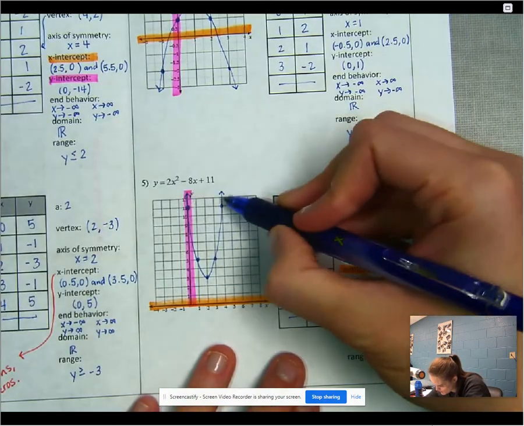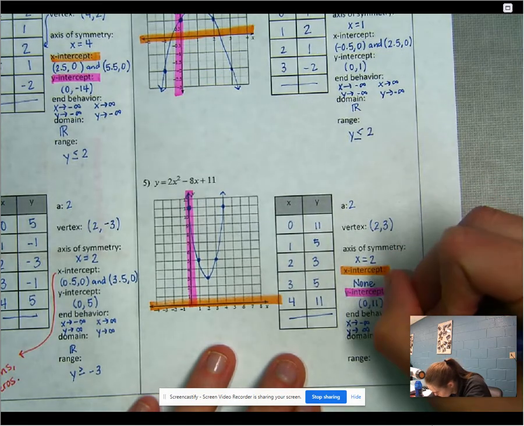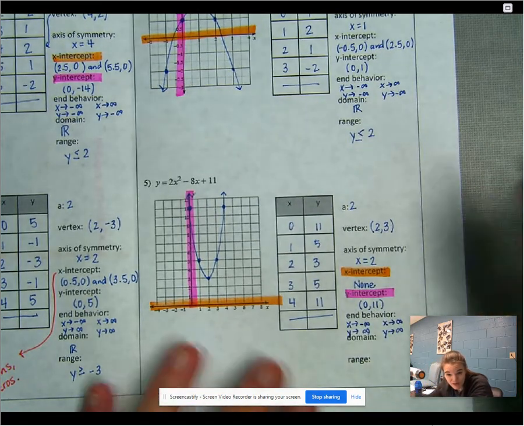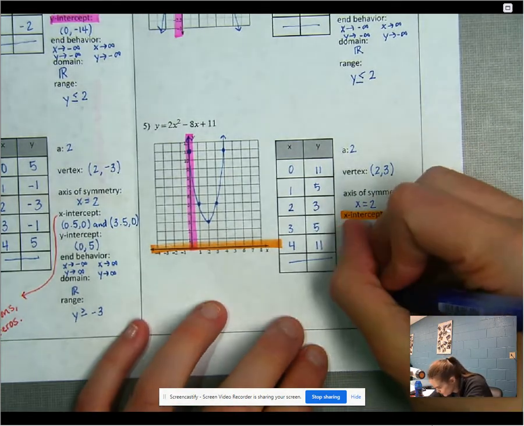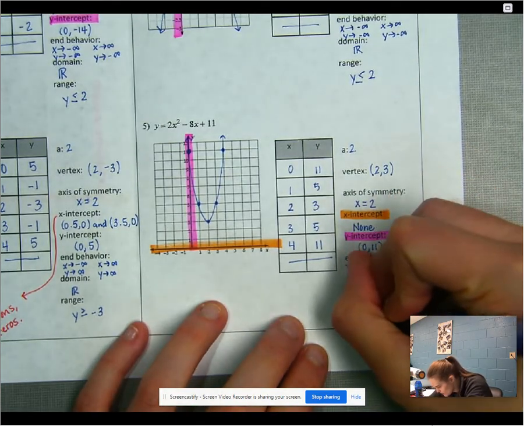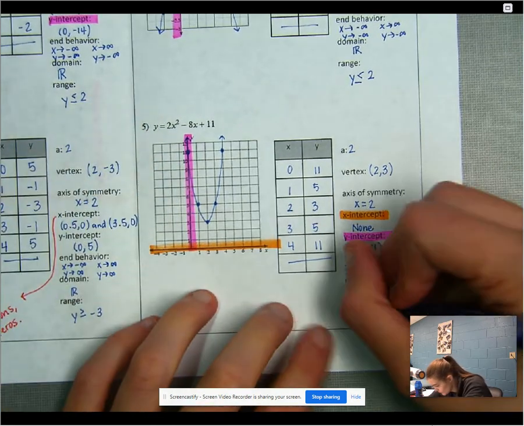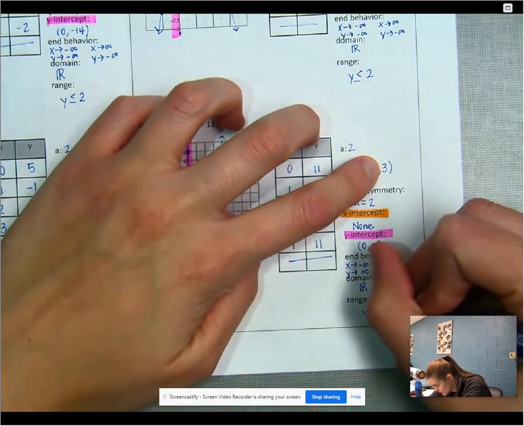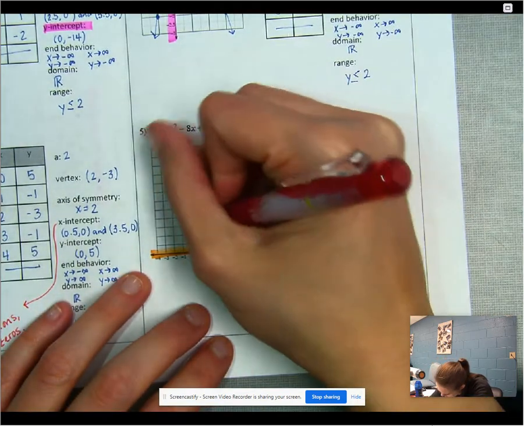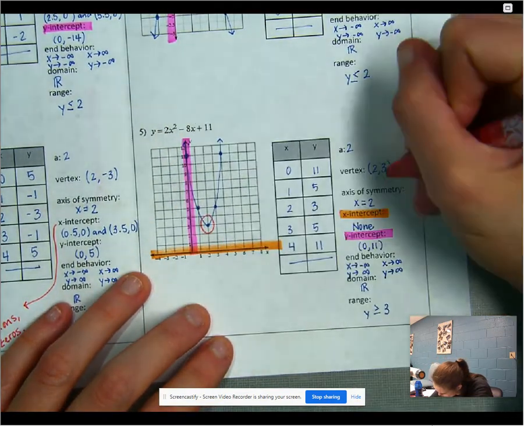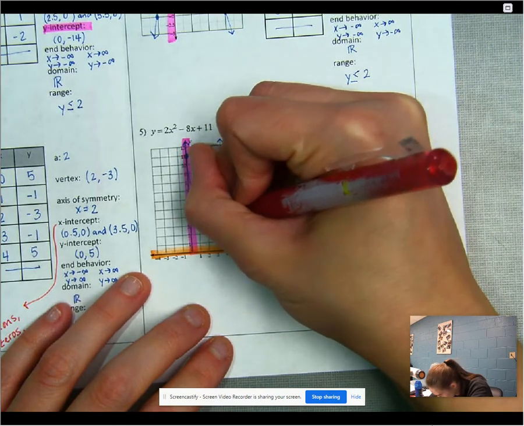It is pointing up in both directions, so the end behavior is positive infinity for both ends. The domain is all real. The range is y, pointing up, so greater than or equal to the vertex value of 3. Okay, this is the lowest point, the vertex, so it is a minimum.